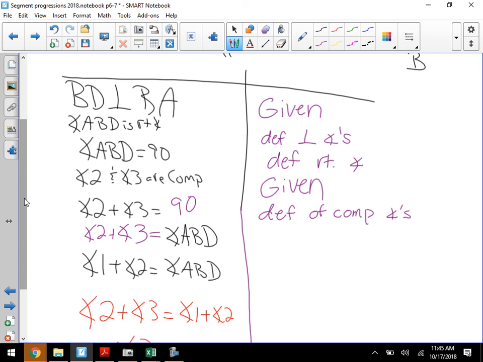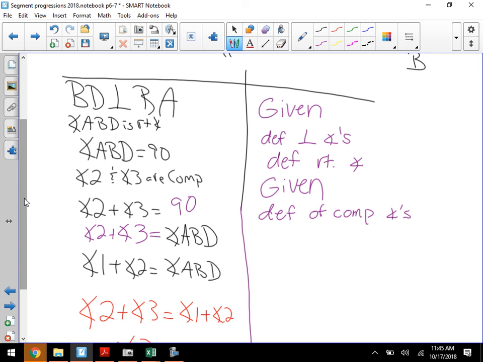So now it says angle 2 plus angle 3 is equal to angle ABD. Yeah, why do you need substitution? Sometimes you have to go back and look at the pictures and see what you were doing. Why do you have two things that equal 90 instead of equal to each other?